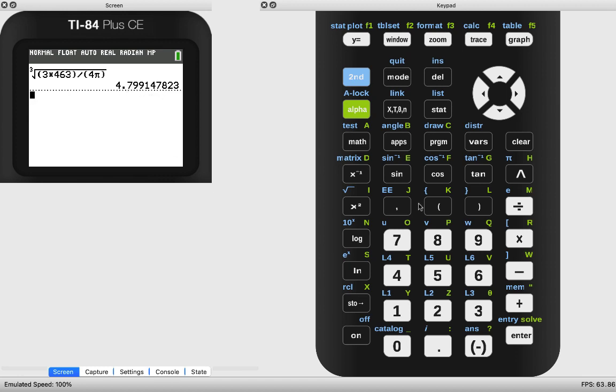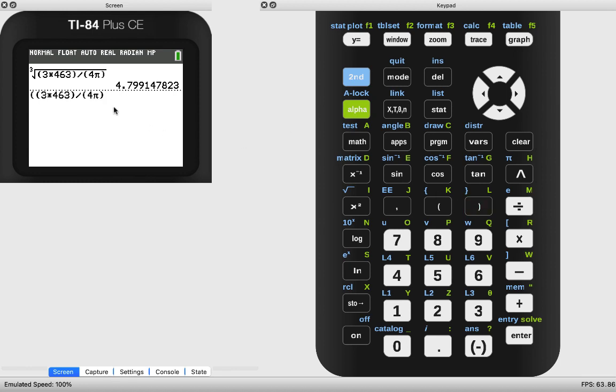Now the other way of doing this is to do our division first. So we'll actually open up two sets of parentheses and do our 3 times 463. Close one set of parentheses, divide that by, and we have to open up another set of parentheses. This is very important. Your second set of parentheses here have to include the 4 pi.